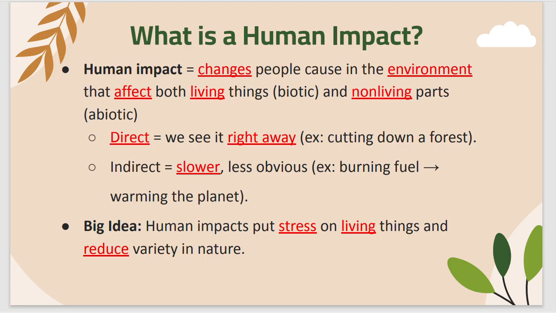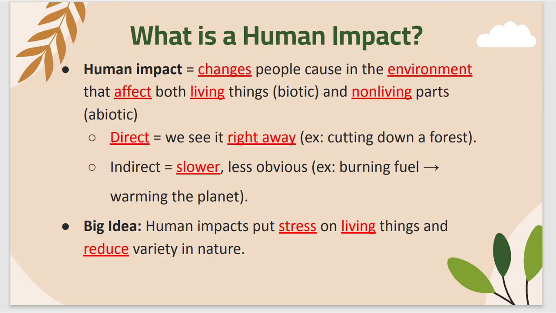So, a human impact, these are changes that people cause in the environment that affect both living things, which we earlier had defined as biotic, and non-living parts, abiotic factors. So human impacts, this is people changing things in the environment that affect both living biotic and non-living abiotic parts.